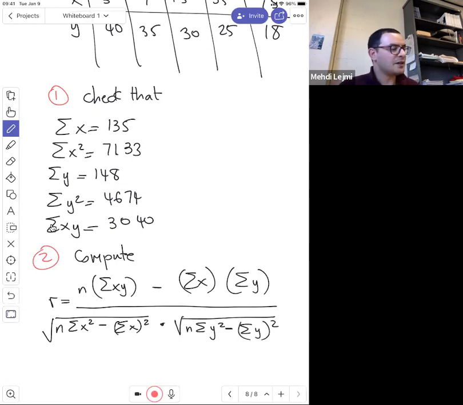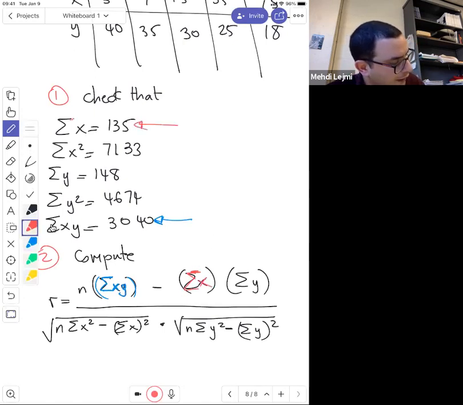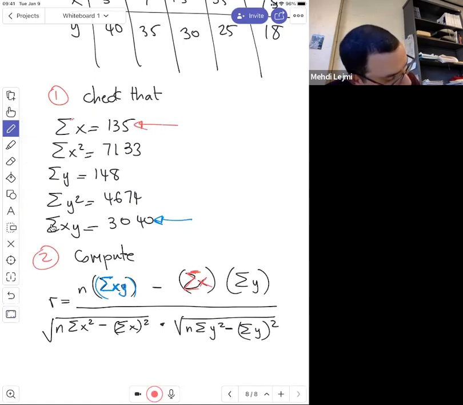Like you see in this example, the sum of the xy would be this number right here. The sum of the x's would be this number, and the sum of the y's this number right here.